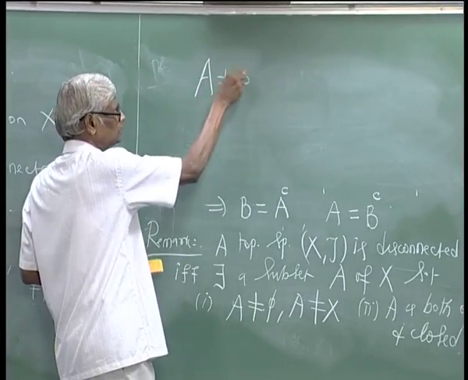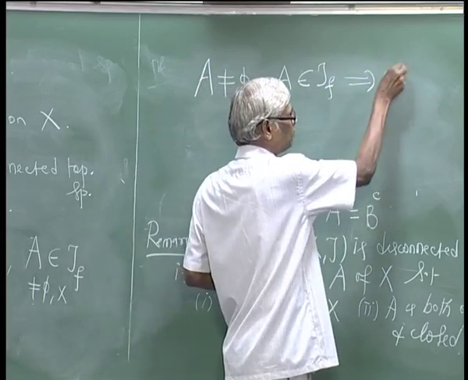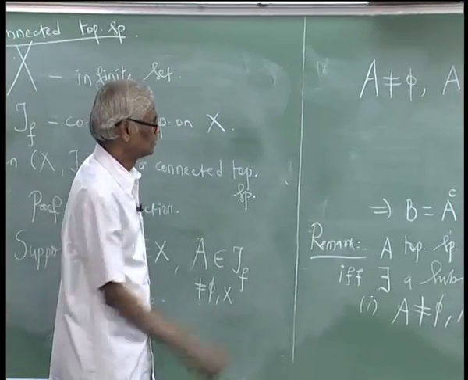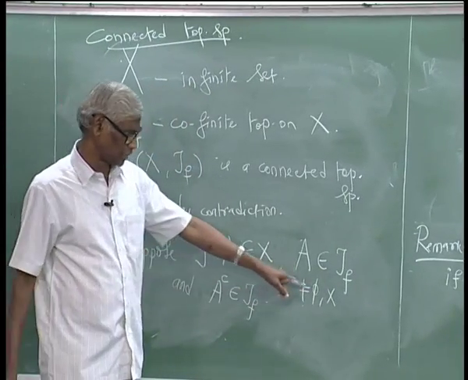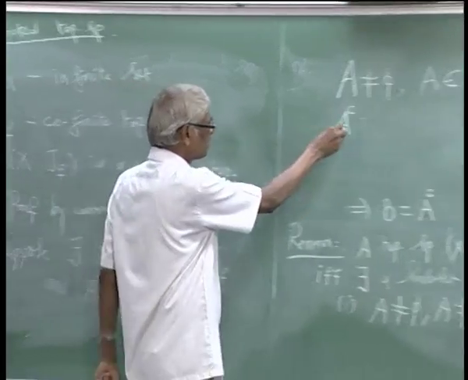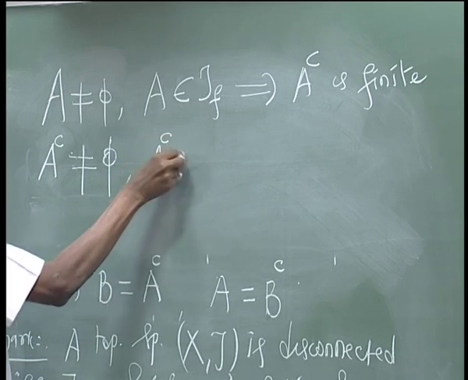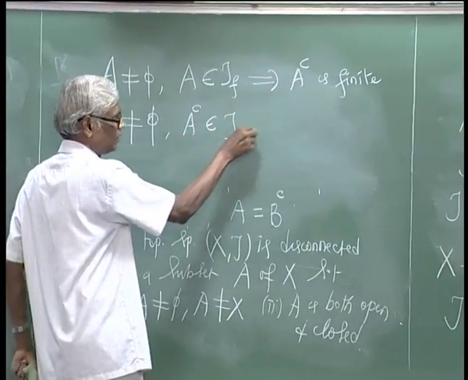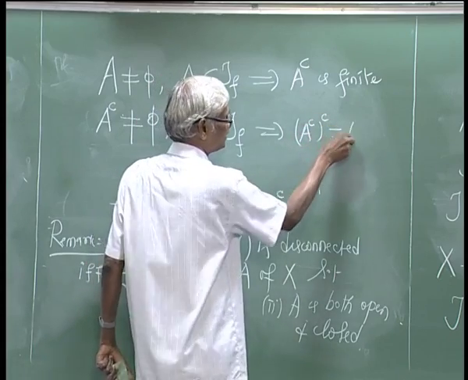A open means A belongs to tau_f, which implies A complement is finite; it is a finite subset of the given space X. Similarly, A not equal to X means A complement cannot be empty, because if it were empty then A would equal X. So A complement is non-empty, and because A is both open and closed, A complement belongs to tau_f, which implies the complement of A complement, that is A, is finite.